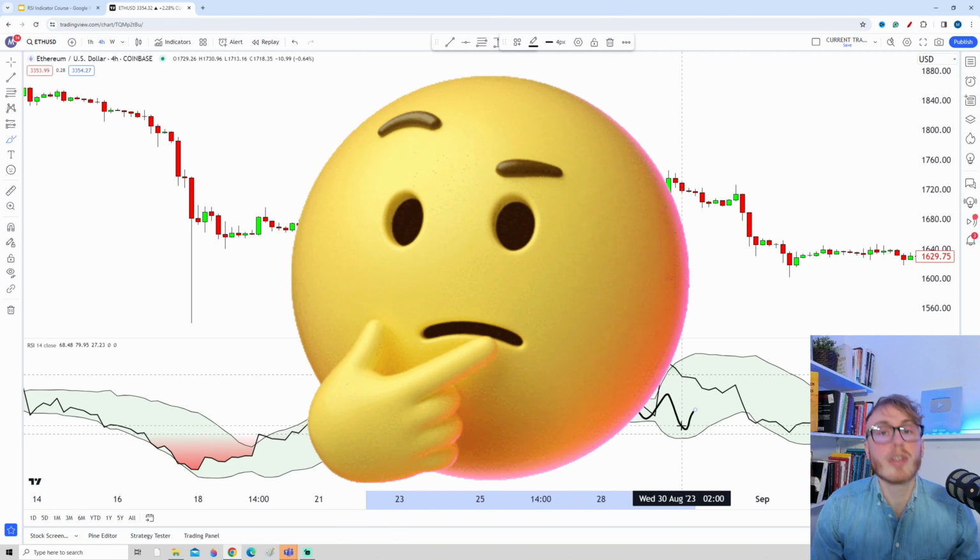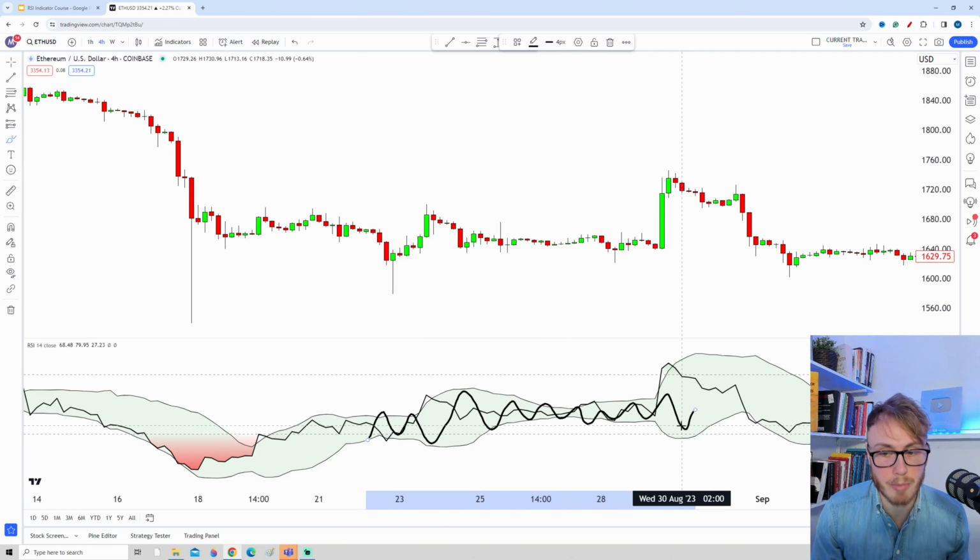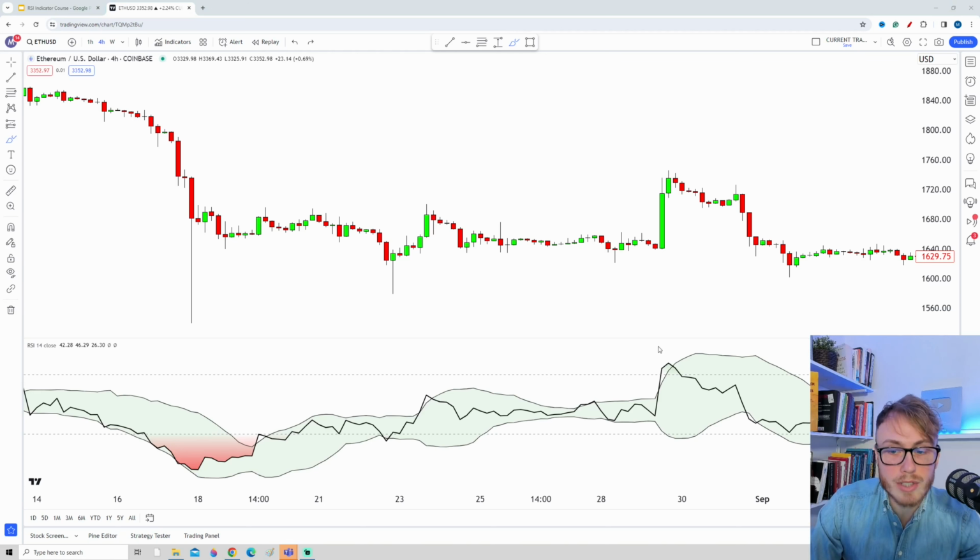And you may of course wonder, how can we use this information? Well, when the RSI pushes above the bands, like it did, for example, right here, that means that we're seeing an extreme amount of momentum. A momentum that is much stronger than the expected momentum.